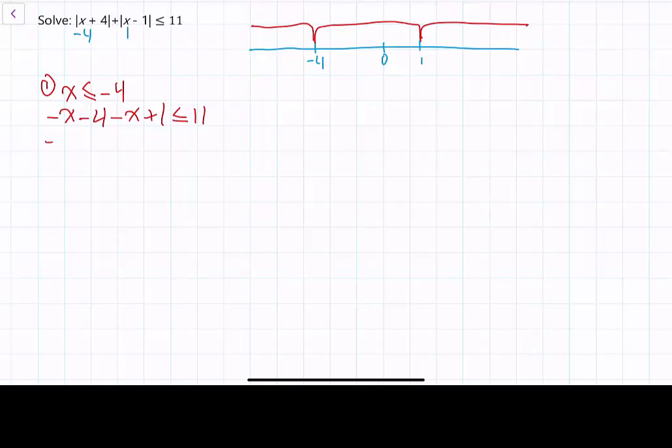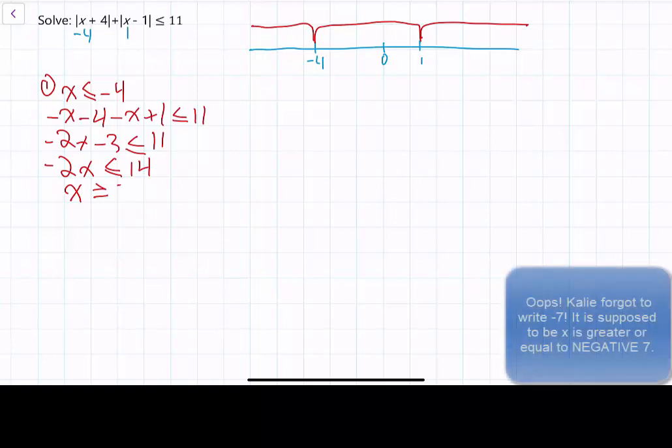And then we calculate to get -2x minus 3 is less or equal to 11. So then -2x is less or equal to 14. So then x, remember now, since we are dividing by a negative number, we have to reverse the symbol, is greater or equal to -7.